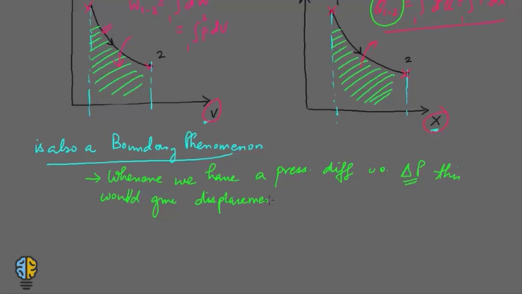So whenever there is a delta P, the volume would change, and when volume changes, we get some displacement work. Alright, so we get P dV.